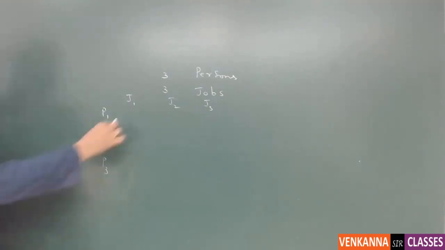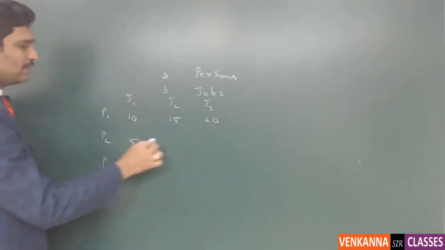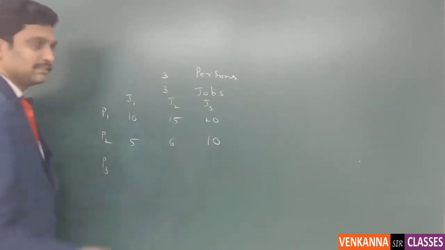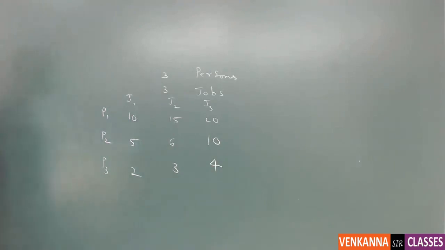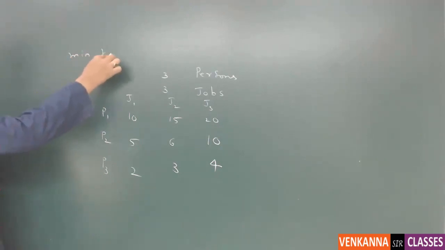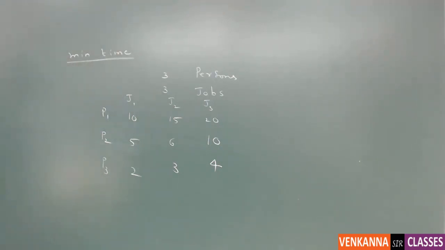Let us take 10 minutes, 15 minutes, 20 minutes; 5 minutes, 6 minutes, 10 minutes; and 2, 3, 4 minutes. What is my objective here? I have to minimize the total time taken by the persons, such that one person gets one job. That is the objective. Is that clear?